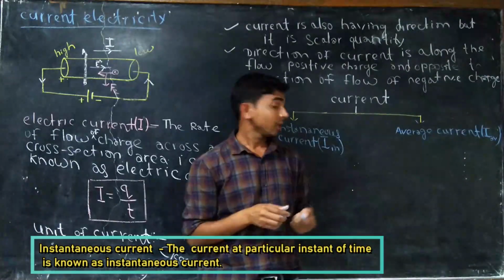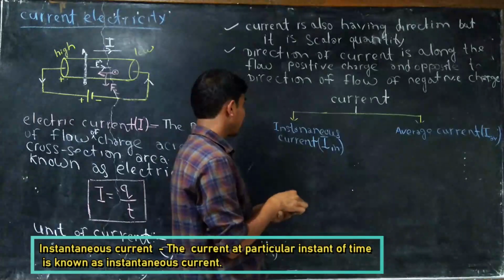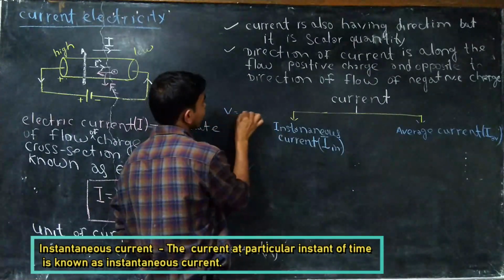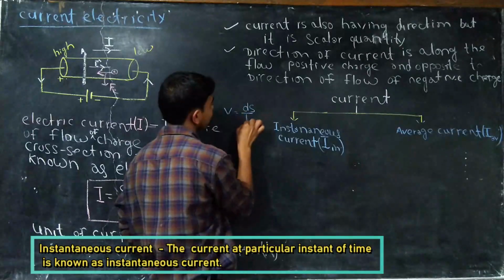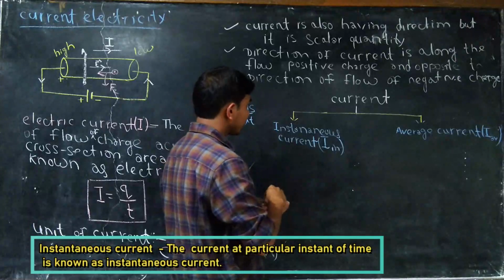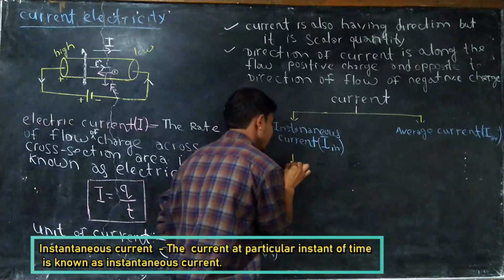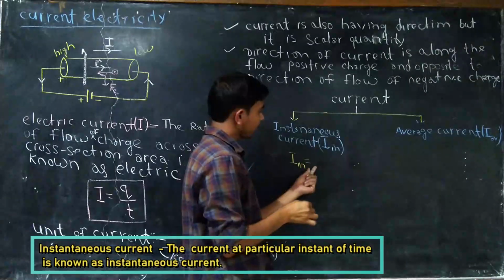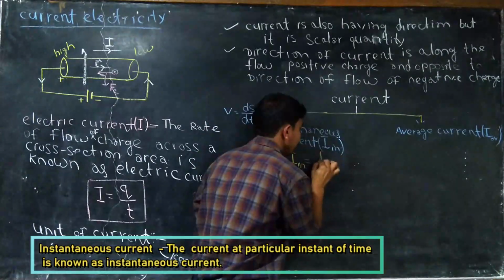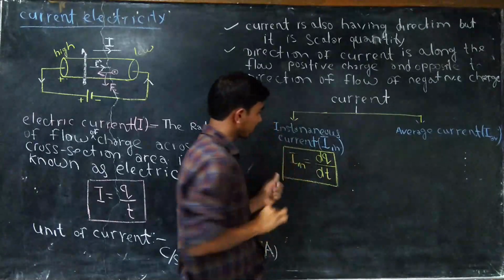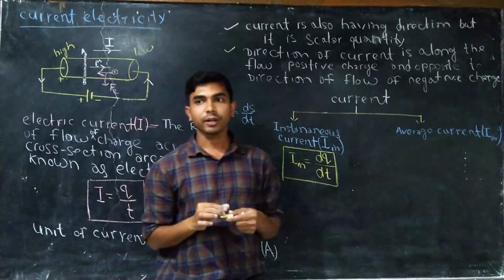Instantaneous velocity is defined as ds by dt, so similarly instantaneous current is defined by I instantaneous equals dq by dt. This is the formula to calculate instantaneous current, right?